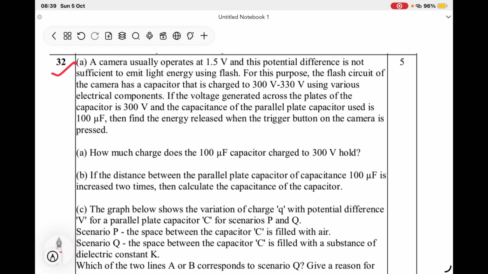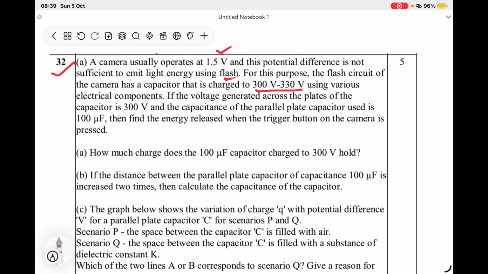Question number 32. A camera usually operates at 1.5 volt, and this potential difference is not sufficient to emit light energy using flash. For this purpose, a flash circuit of camera has a capacitor that is charged to this much volt using various electrical components.